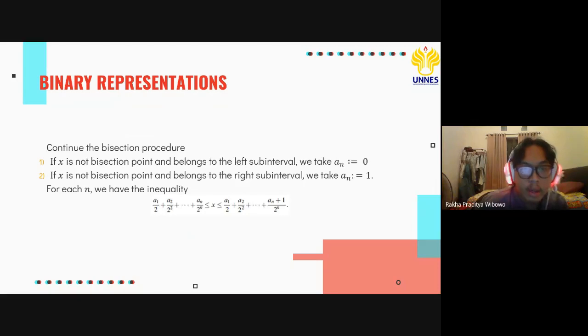For each n, we have the inequality: a1/2 + a2/2^2 + ... + εn/2^n ≤ x ≤ a1/2 + a2/2^2 + ... + (an + 1)/2^n.